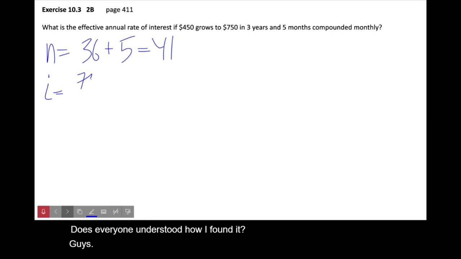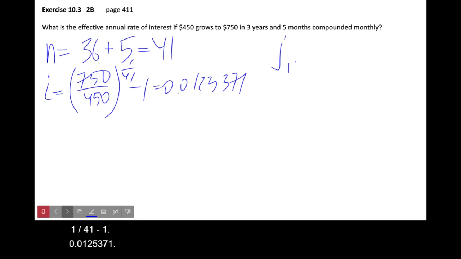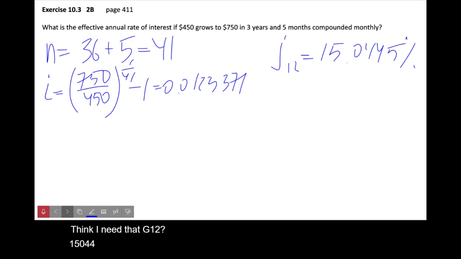So I is 750 over 450, 1 over 41 minus 1. 0.012537 and J12 here would be, I don't even think I need that J12, 15.0445%.